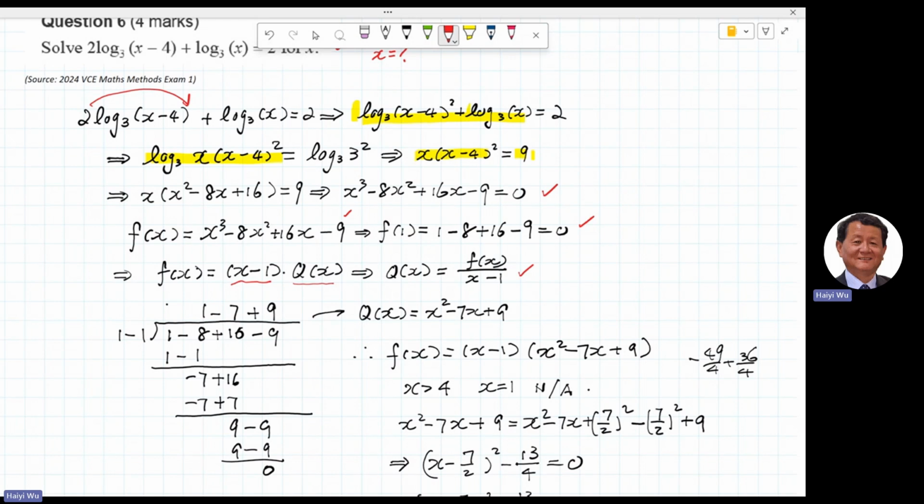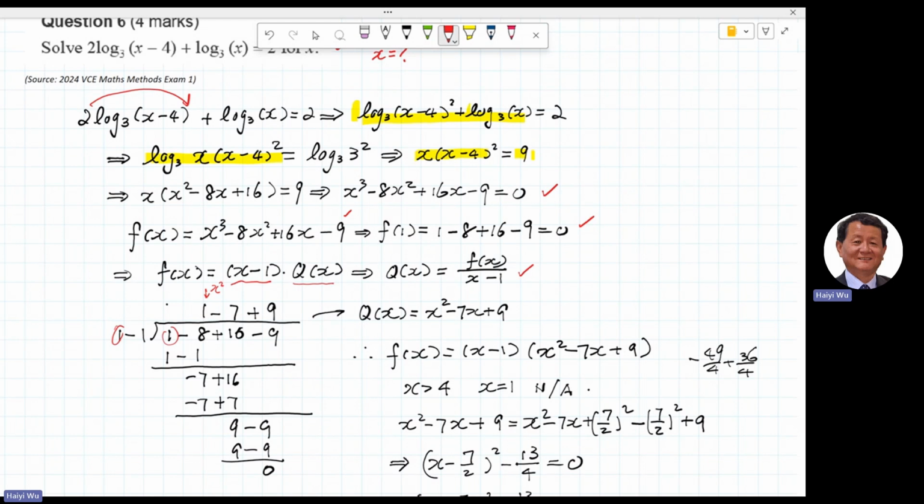The divisor, which is the denominator, is x minus 1, so it becomes 1. First we match up the second one, this is the x to the power of 2. Why is it 1? Because this is 1 and this is 1, so 1 divided by 1 is 1.